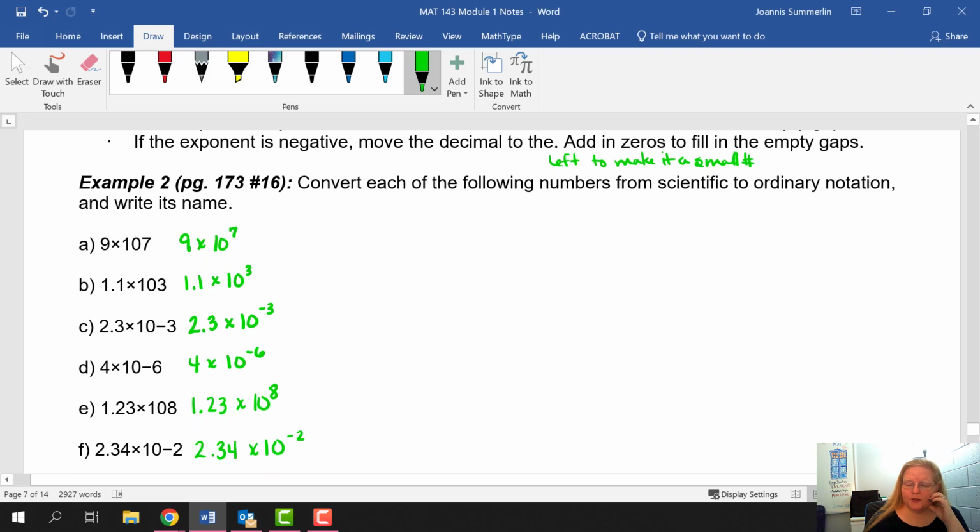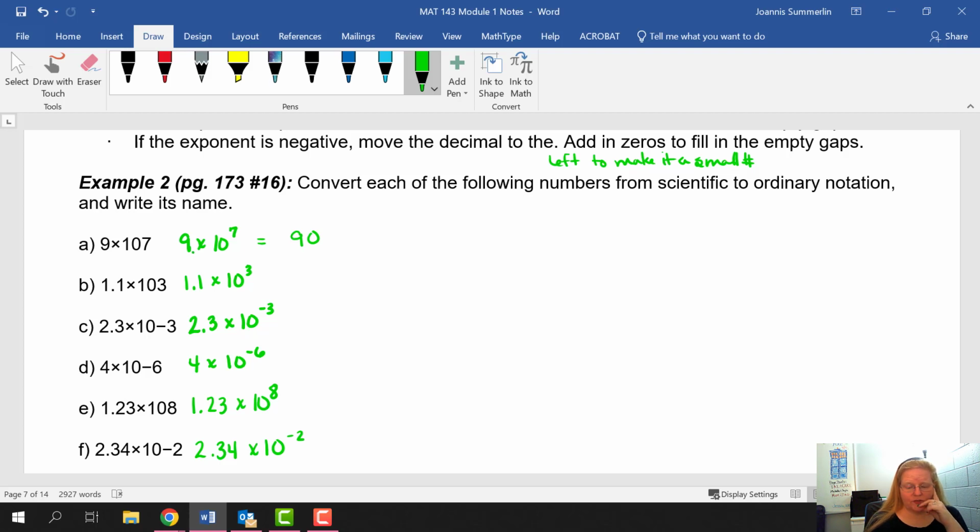Convert each of the following numbers from scientific to ordinary notation and write its name. So here when you have 9 times 10 to the 7th, start out with the 9. 10 to the 7th, our decimal point is here.